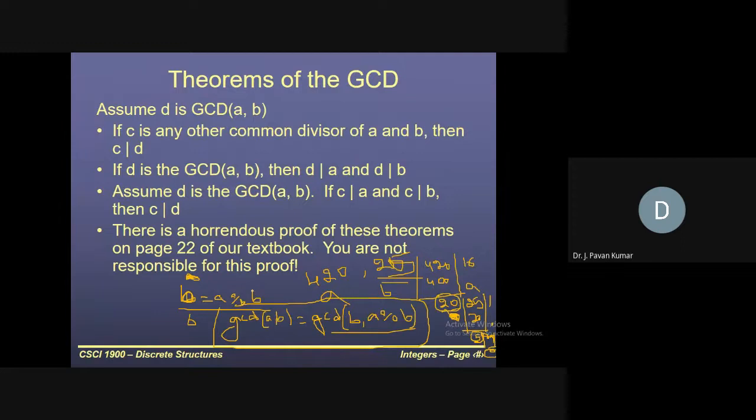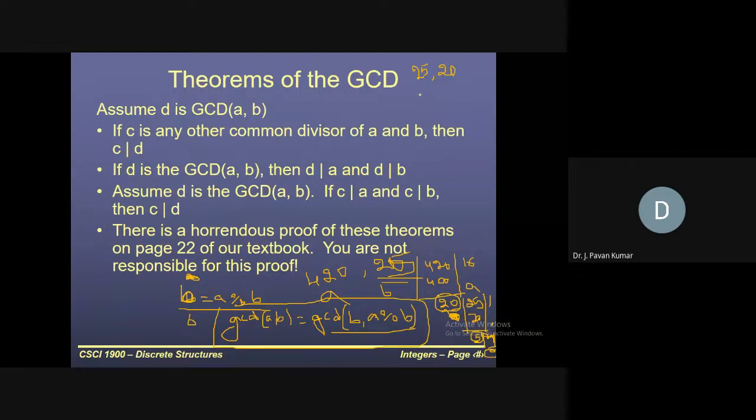Okay, let us consider the same example. 420 and 25, what is the GCD? We have obtained the GCD as 5. Next, instead of 420 and 25, I am giving other numbers, 25 and 20. What is the GCD? 5.